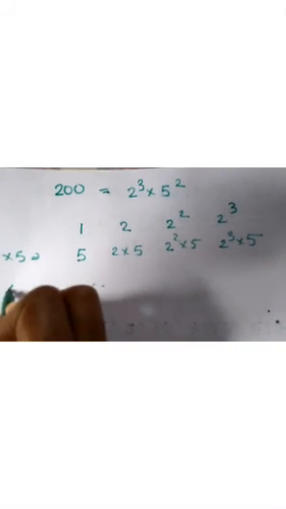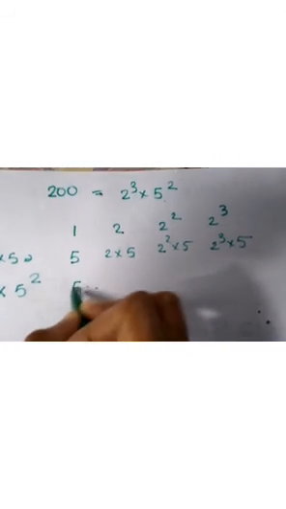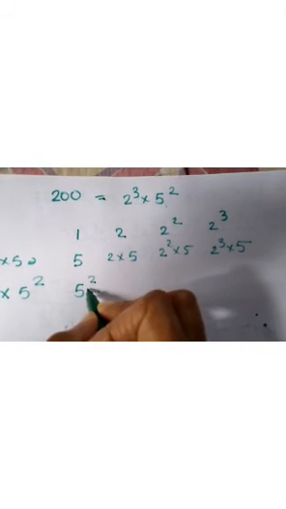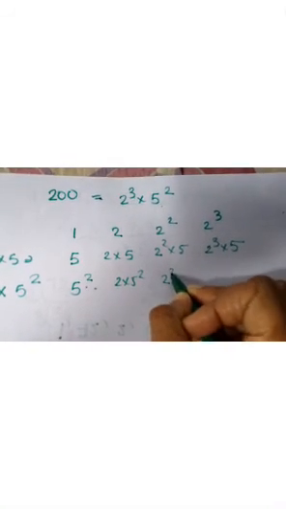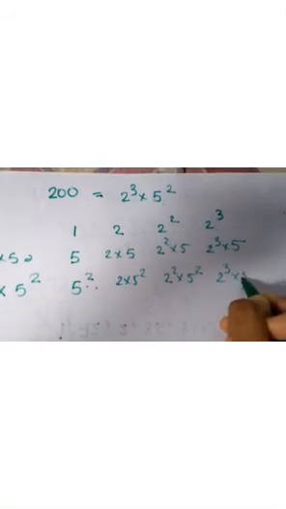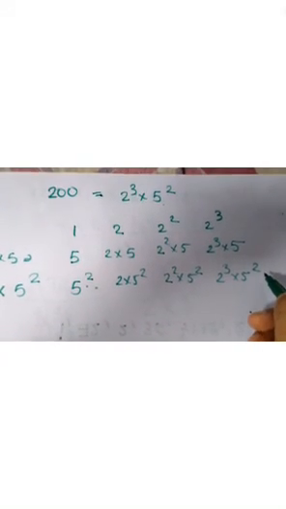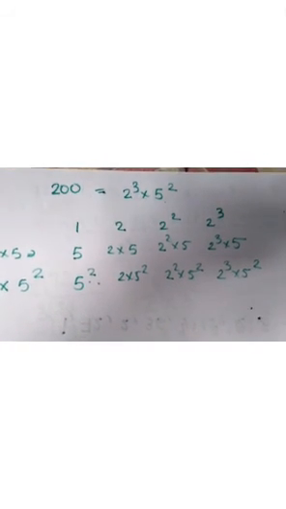In the next step, we multiply by 5 squared. So here 5 squared, next 2 times 5 squared, 2 raised to 2 times 5 squared, and 2 raised to 3 times 5 squared.